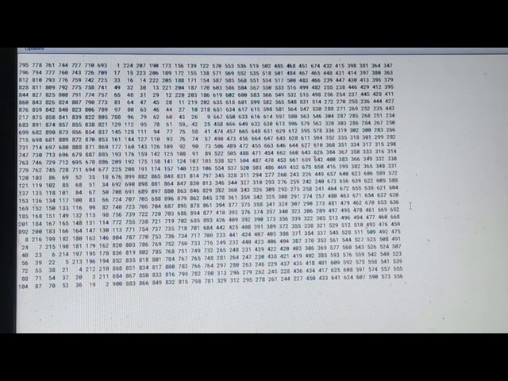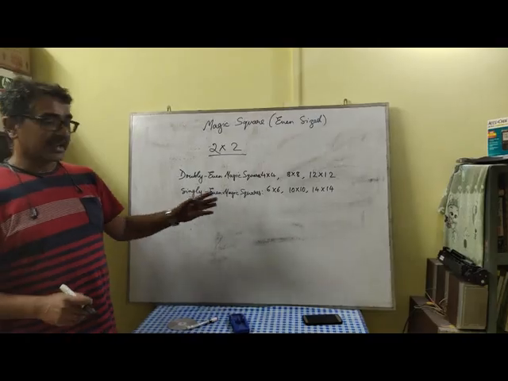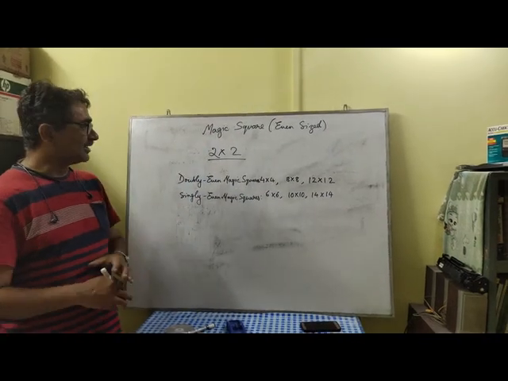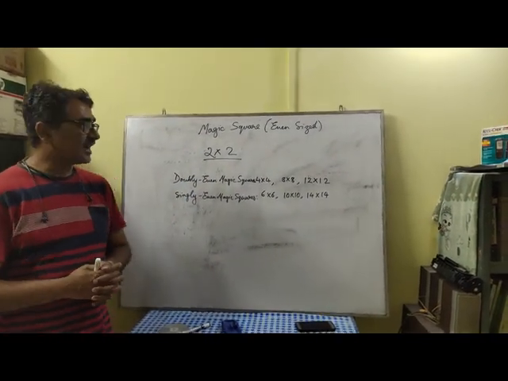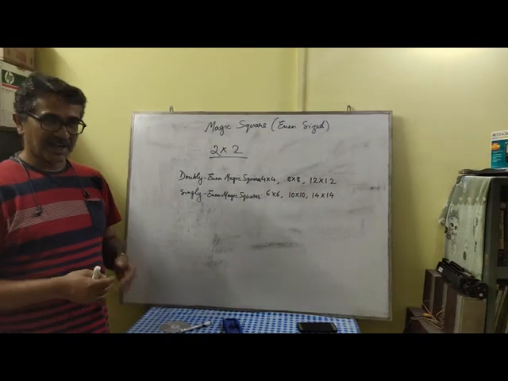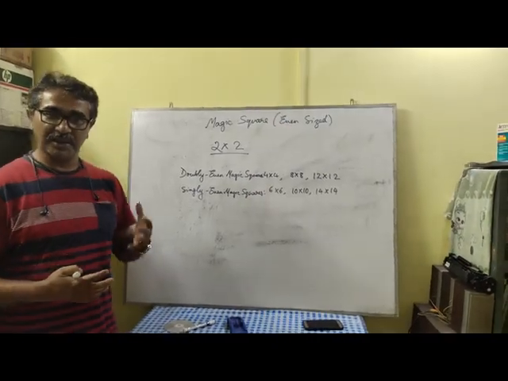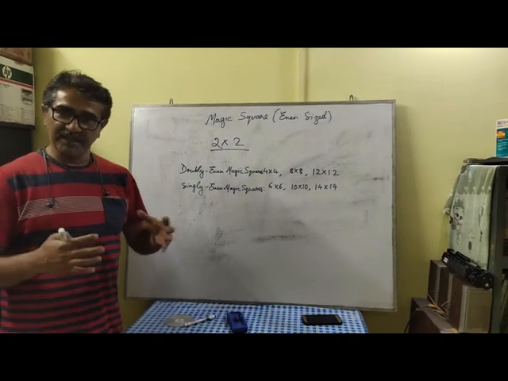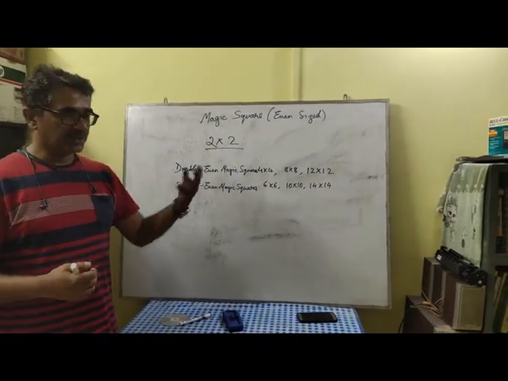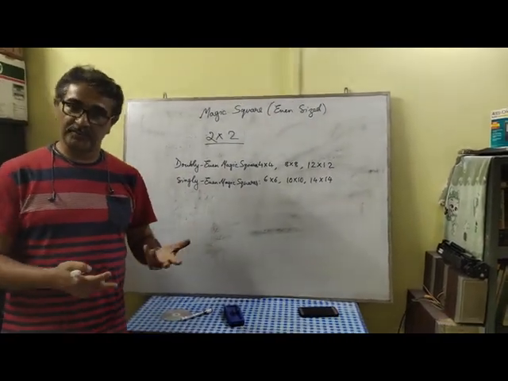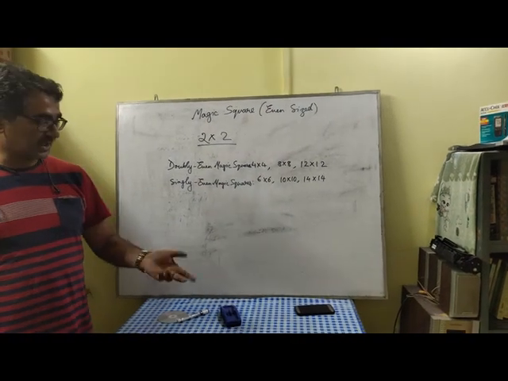Anyway, I believe you understood the doubly even matrix. Thank you. I believe you liked the generation of a magic square whose size is even. Once again, let me tell you, you may need to go through the video once or twice to grasp the logic completely. You can always download the source code from my blog, whose link is given below.